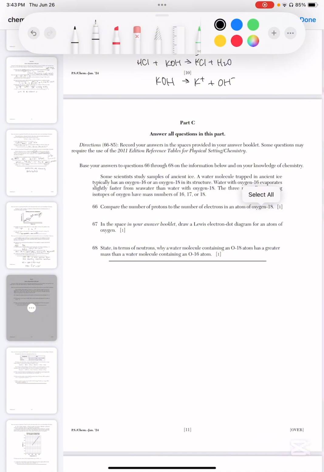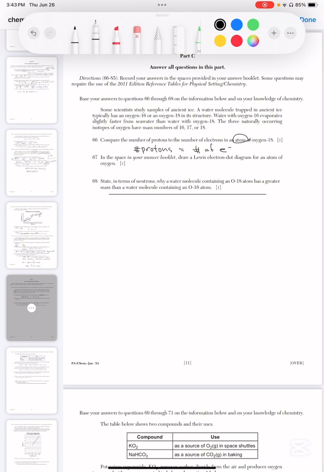Compare the number of protons and the number of electrons. Since this is an atom of oxygen 18, protons equals... I don't have the answer booklet, so I don't know what to draw necessarily, but I'm assuming it's just an atom of oxygen.